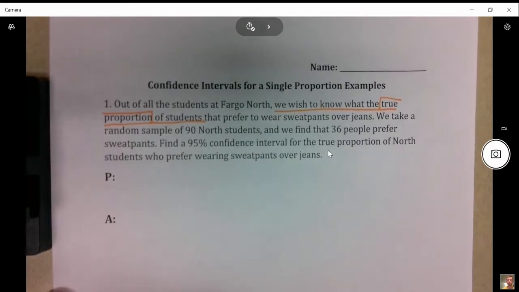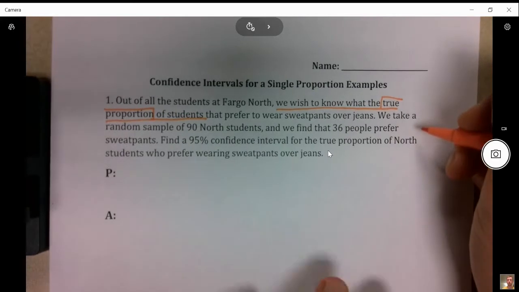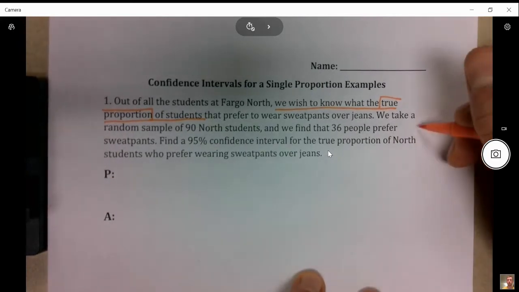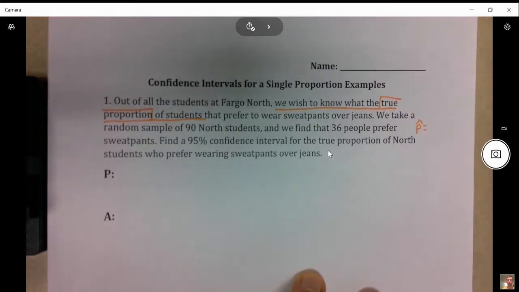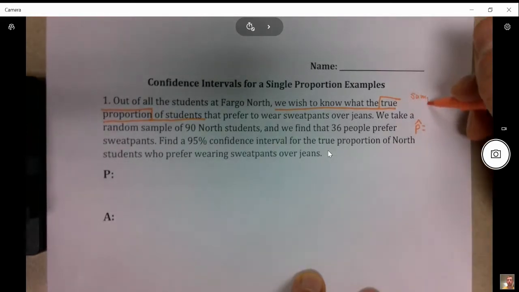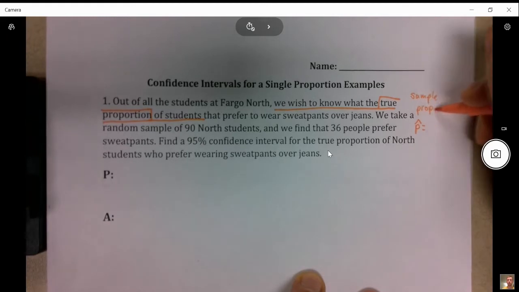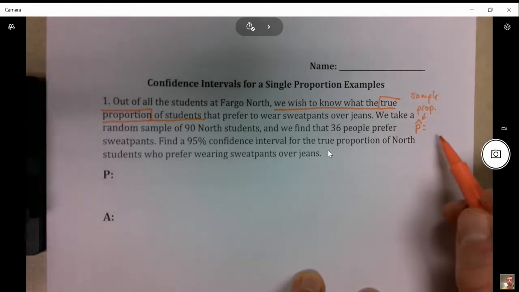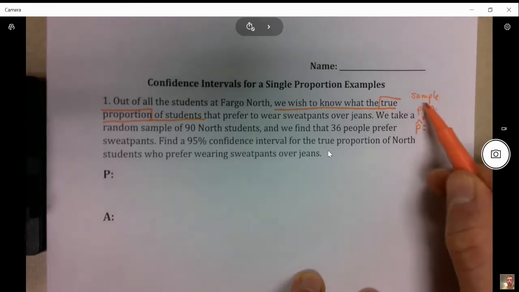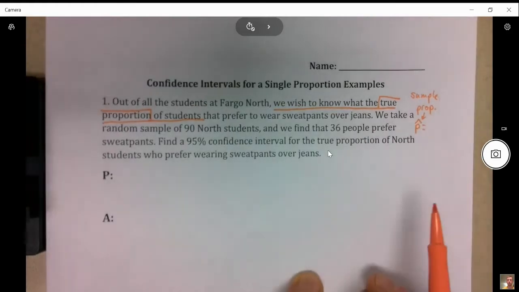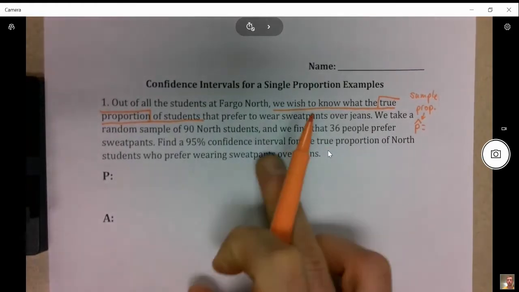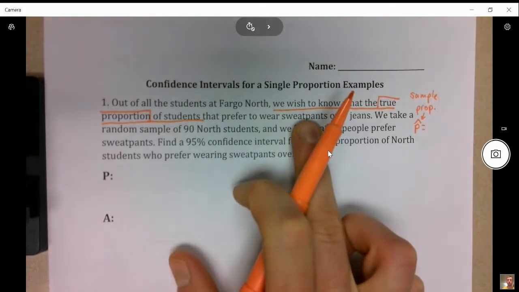Well, one thing that I'll make you aware of right away is when it comes to a confidence interval for a single proportion, we have to figure out what p hat is. P hat, that is our sample proportion. And it is exactly that. From our sample, we want to know what percent or what proportion qualify as a success. In other words, what percent prefer sweatpants.